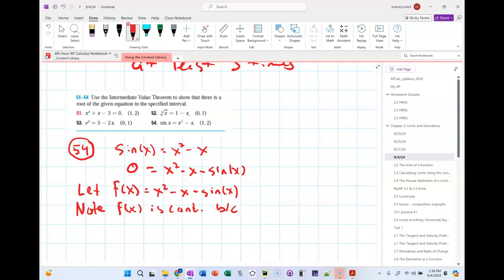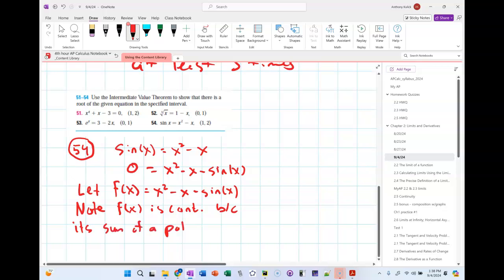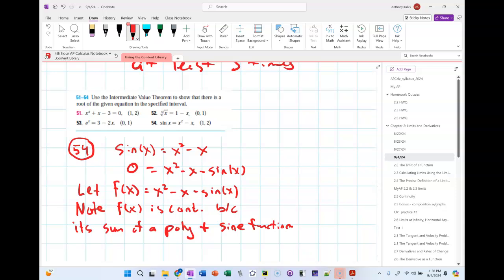Okay, so because it's the sum of a polynomial and a sine function, both of those are continuous, so we're continuous. We've taken care of that. It's just a statement. You don't have to prove it because we've been given a list of types of functions that are continuous. Great.